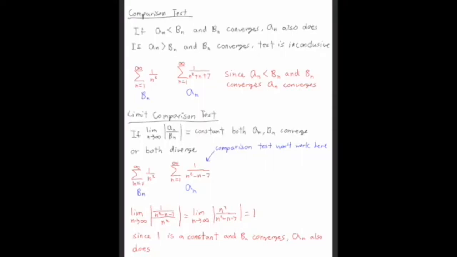Set a of n to what you want to solve for, which this time is 1 over n squared minus n minus 7. But since a of n is greater than b of n for all n's, that means the comparison test won't work. We can use the limit comparison test to solve for it. So here I show that it comes out to 1. And since 1 is a constant and b of n converges, a of n also converges.